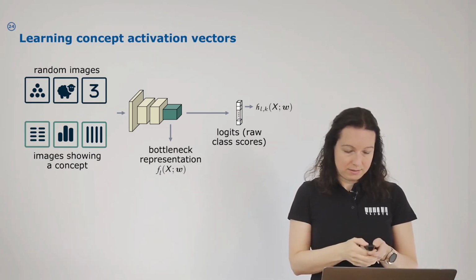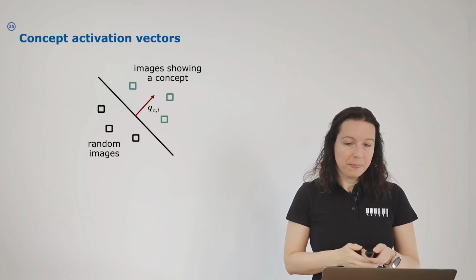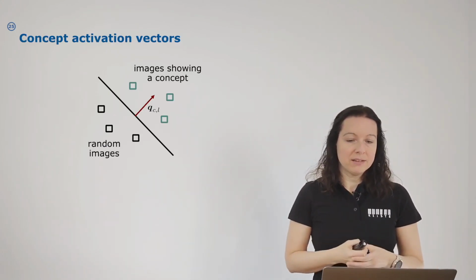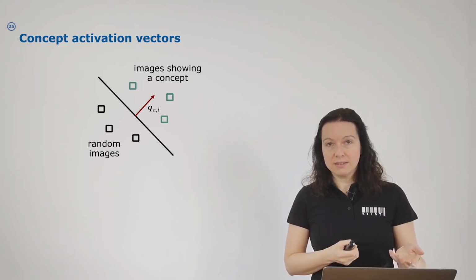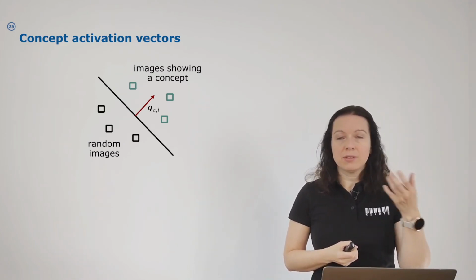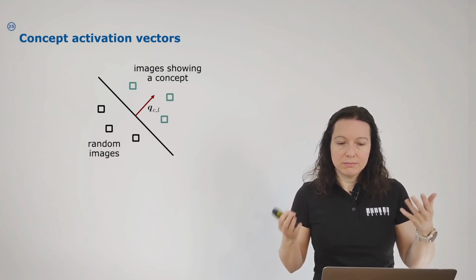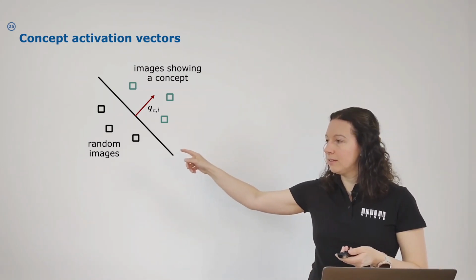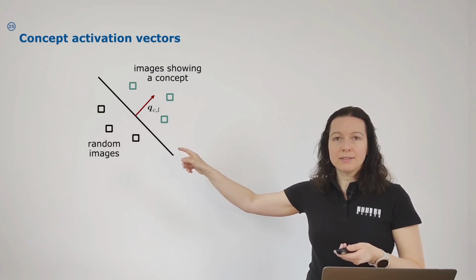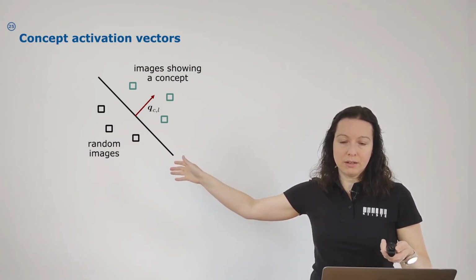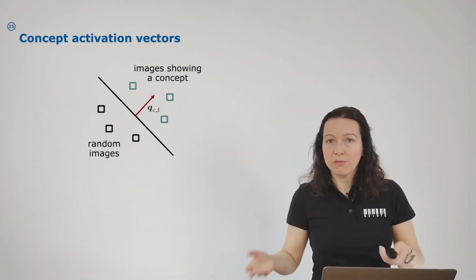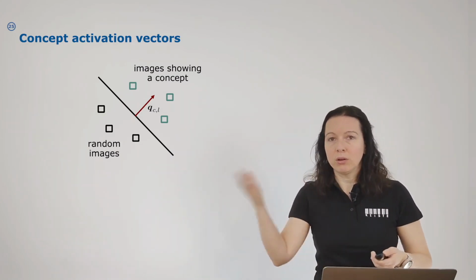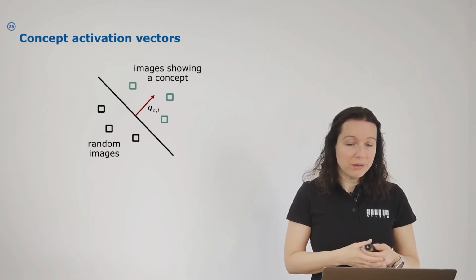Now we train a binary classifier that gives us a linear decision boundary, for example here, such as we learn from a linear classifier or a support vector machine, whatever you think is helpful here, or logistic regression.